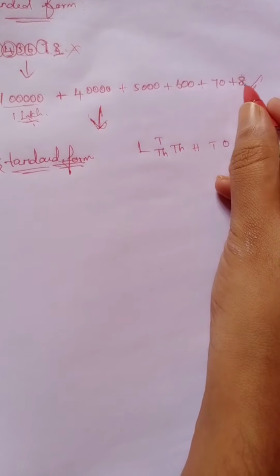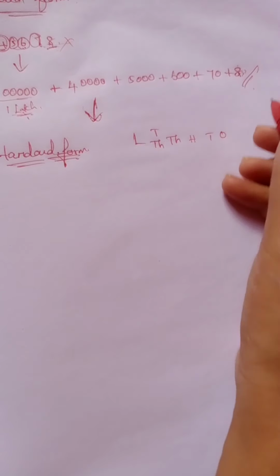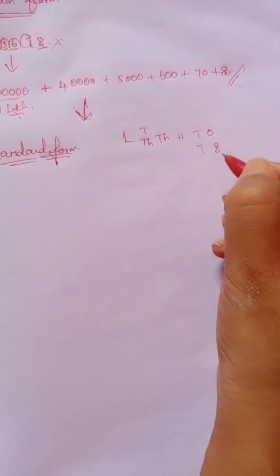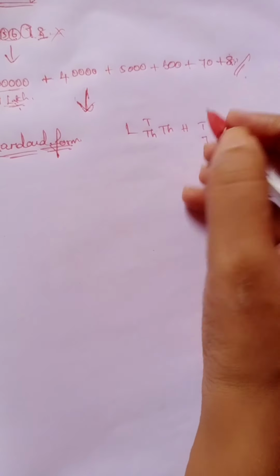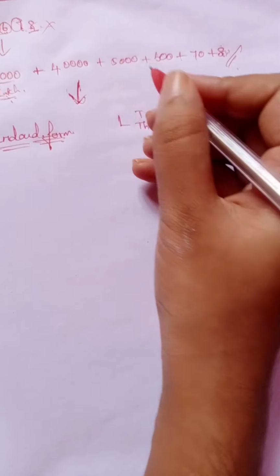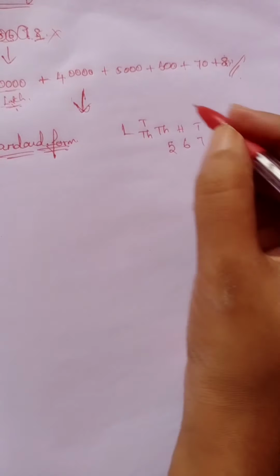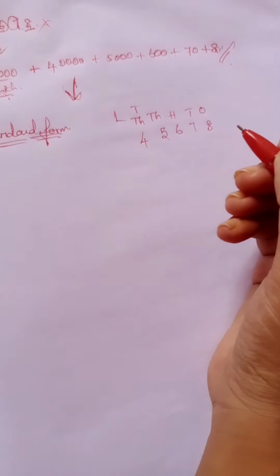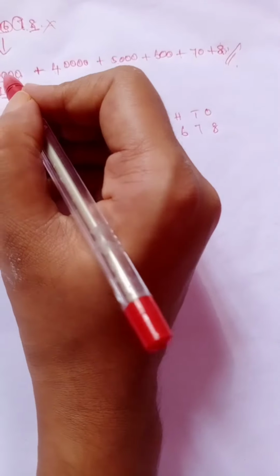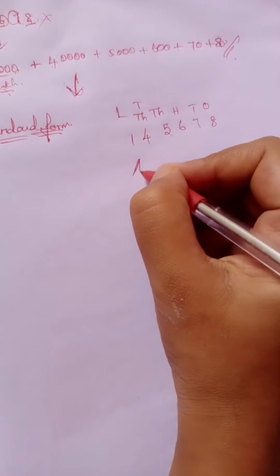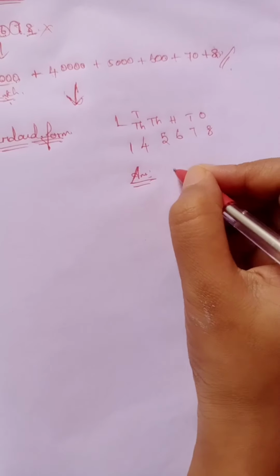Let's mention that number in each place. 8 at ones place, 7 at tens place, 6 at hundreds place, 5 at thousands place, 4 at 10,000's place, 1 at lakh place. This is the standard form of that given expanded form.